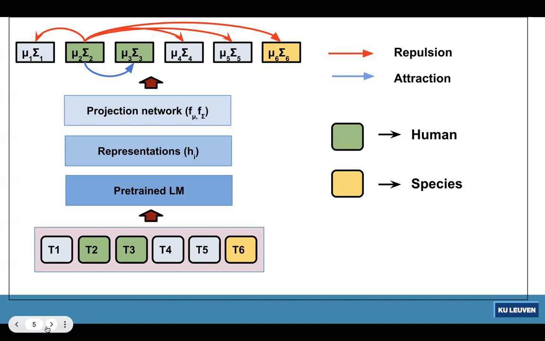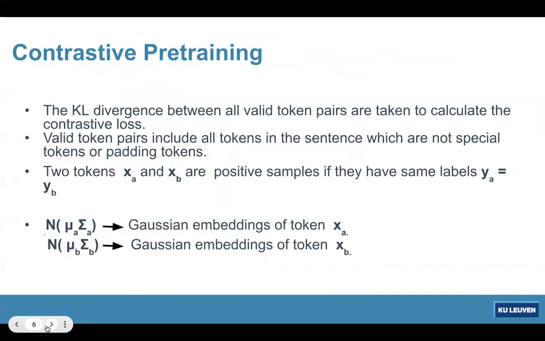The embeddings are assumed to follow a Gaussian distribution with mean mu and variance sigma. To perform contrastive pre-training, we use a contrastive loss, that is the KL divergence between the Gaussian embeddings of all valid token pairs. Valid token pairs include all tokens in the sentence which are not special tokens or padding tokens. Two tokens are positive if they have the same labels.